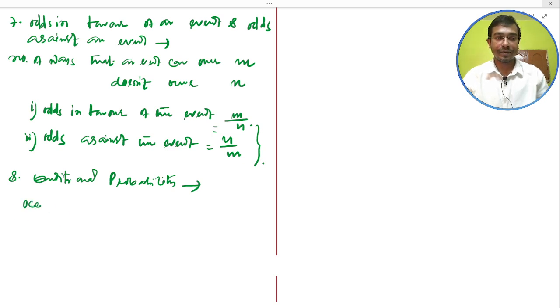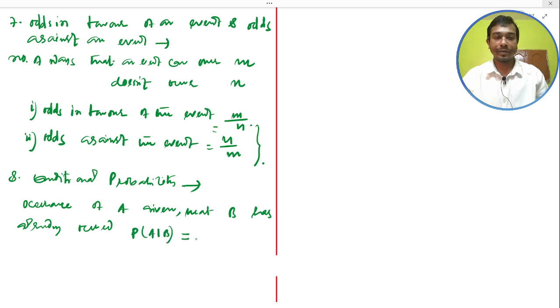I just write, occurrence of A given that B has already occurred, that is P of A by B, which is equal to P of A intersection B divided by P of B.